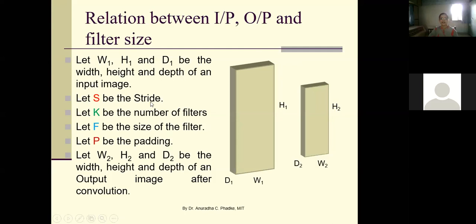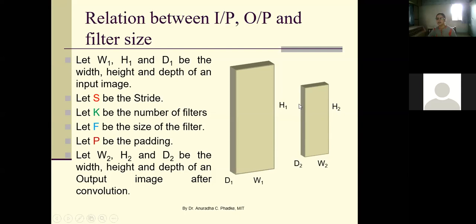If S is stride rate, K represents number of filters, F represents filter size, and P represents padding size, and if your original image size is W1, H1, D1, this is your W1, H1 and depth D1, and this is your resultant number of images by applying various filters on a convolution layer.